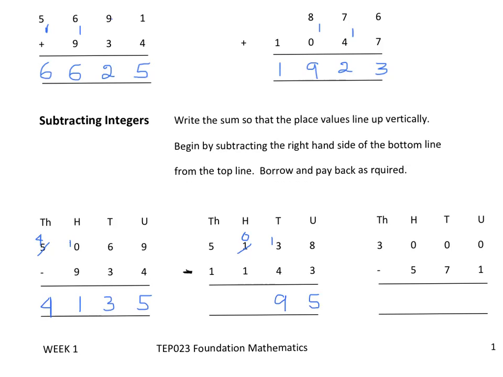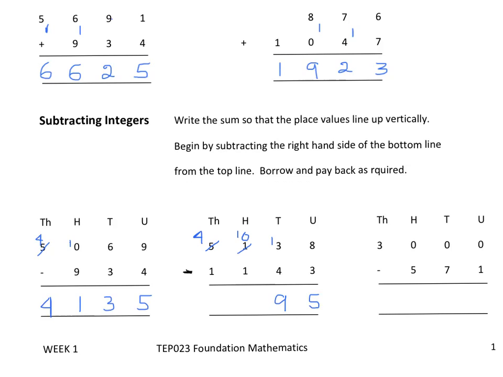Moving on to the hundreds column, 0 subtract 1, again we cannot do that. We can't take 1 away from 0, so we're going to have to borrow 1,000 from the thousands column, bring it over to the hundreds column, but that means we're going to have to reduce the thousands column by 1 and bring over that borrowed 1,000 into the hundreds column.